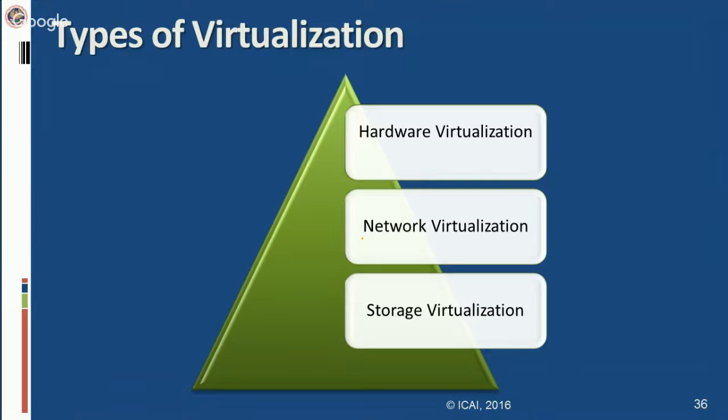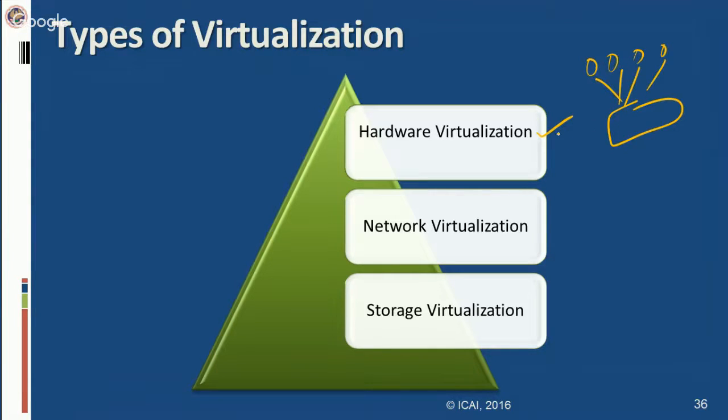Hardware virtualization refers to the creation of a virtual machine that acts like a real computer within an operating system. Hardware virtualization, what does it do? It basically consolidates many small physical servers into one large physical server, so that it can be used more effectively.